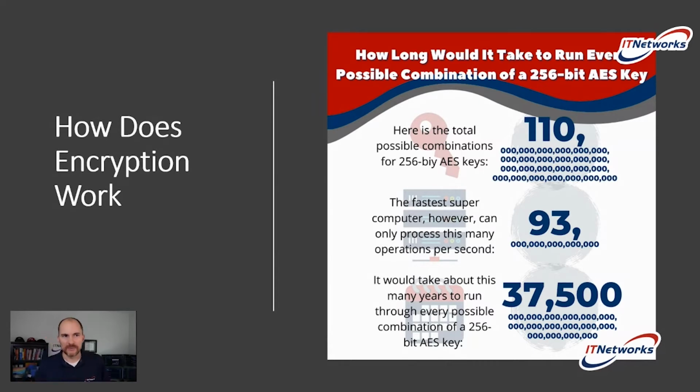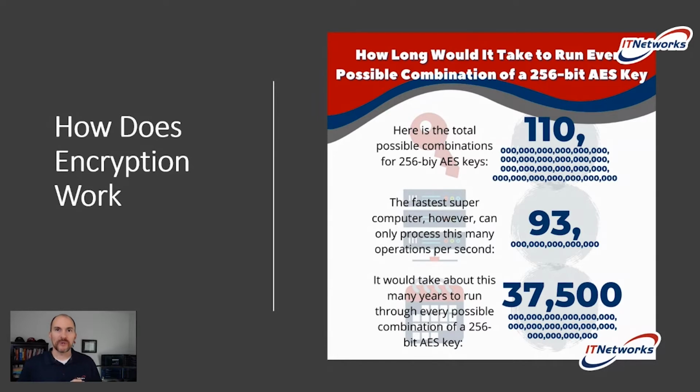So here's an example. If we were using the 256-bit AES key, there are 110 quattuorvigintillion. I'm probably going to butcher this, I've even practiced it. 110 quattuorvigintillion, with 75 zeros after the 110. That's how big of a number it is, right? That's how many possible combinations there are for AES 256 keys.